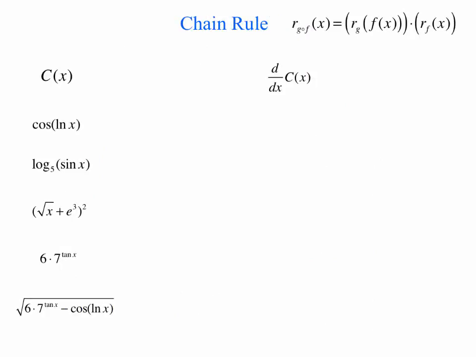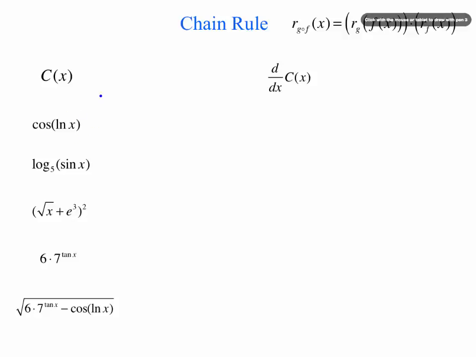So, chain rule. Let's practice some chain rule problems. Remember we talked about it's the rate of change of the exterior with respect to the interior times the rate of change of the interior. So let's do a couple of these together. So first we have to recognize that we have a composite function. So here's cosine of natural log of x.